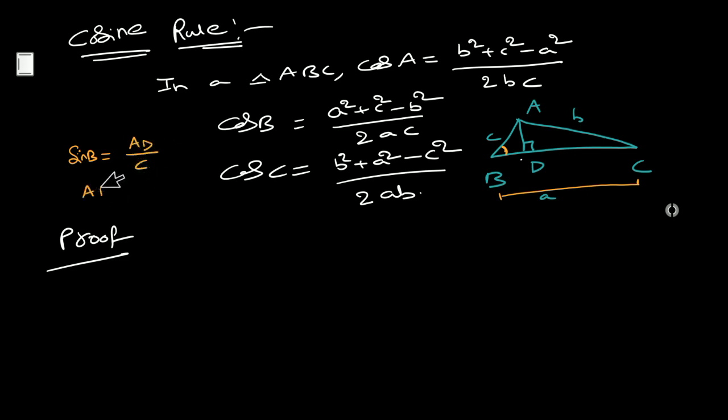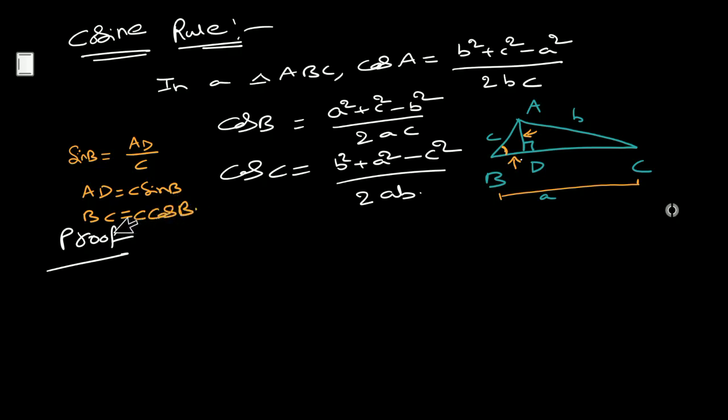So AD is clearly C sin B. We got the AD length. Similarly, let us identify BD also. In the similar manner, BD will be C cos B.